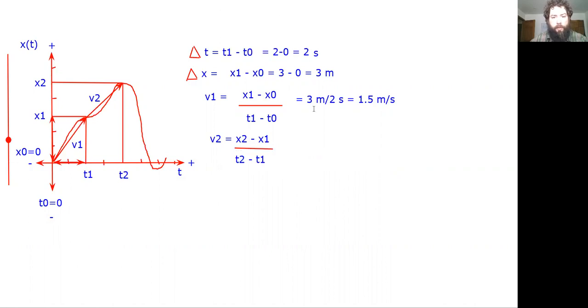And we can already see that this is actually 4 minus 2, and this is 5 minus 3, 1, 2, 3, 4, 5. So that's 5 minus 3.